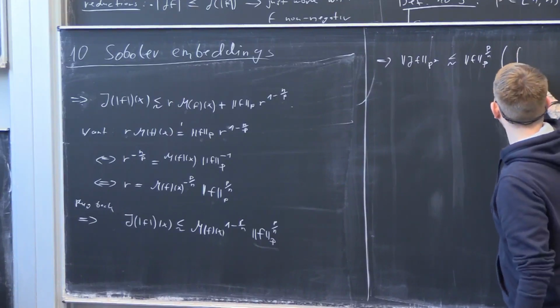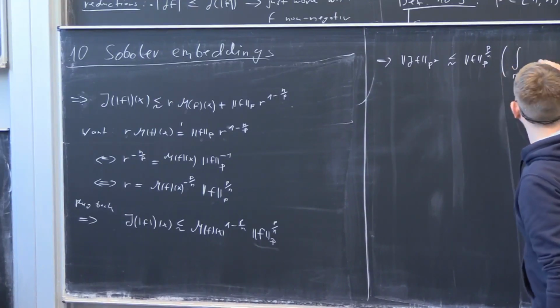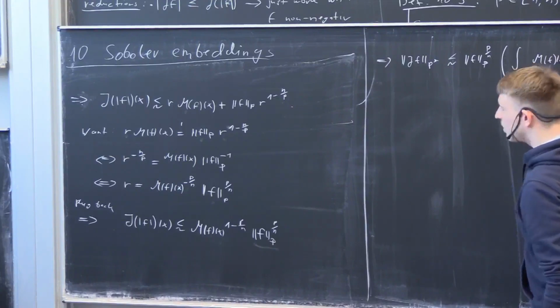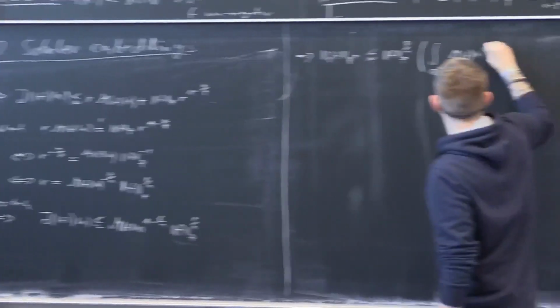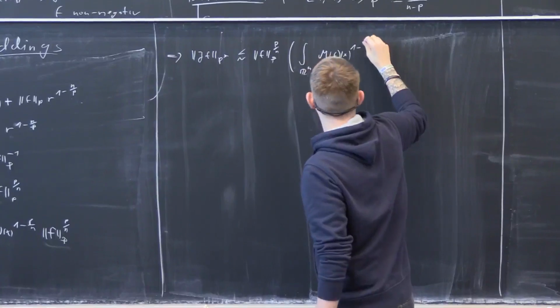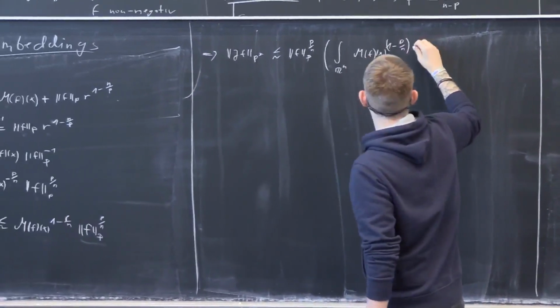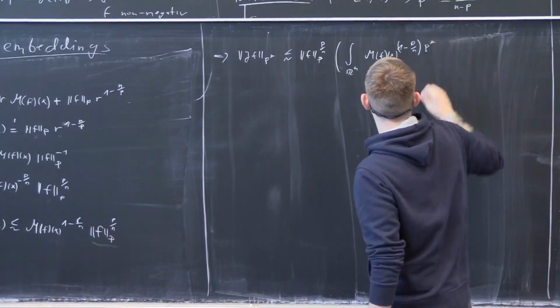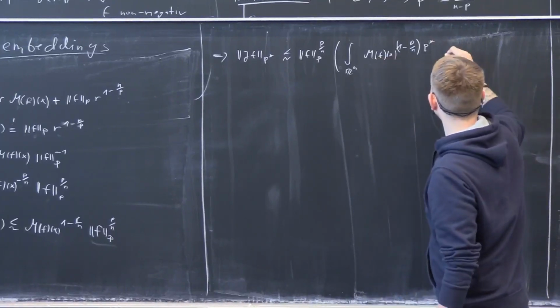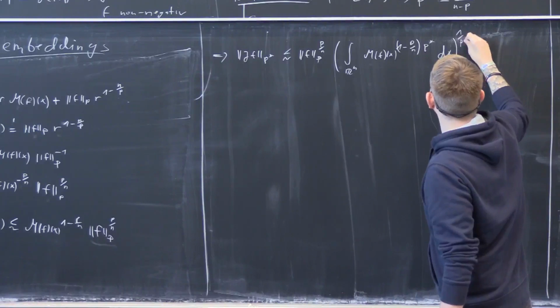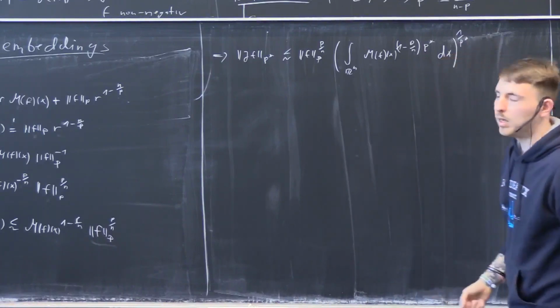So I have here an integral over Rn, then I have here MF of X to the power 1 minus P over N, and all this times P upper star, dx, to the 1 over P upper star.